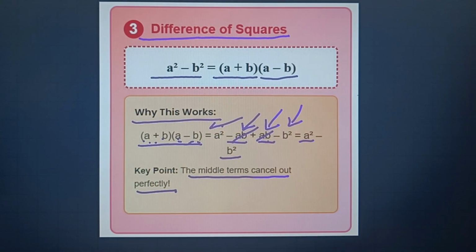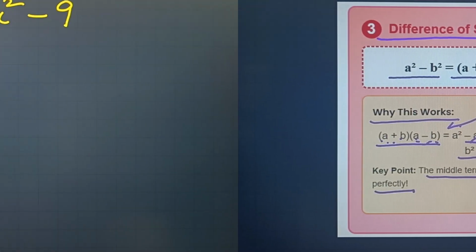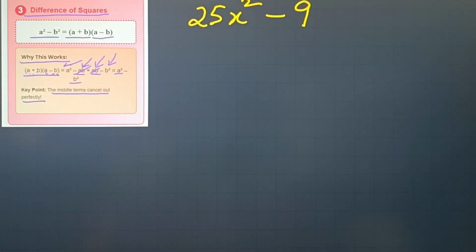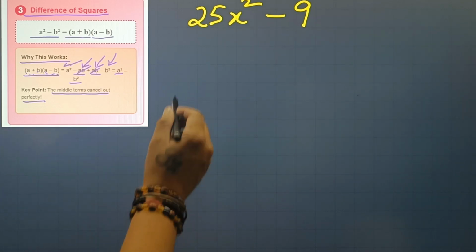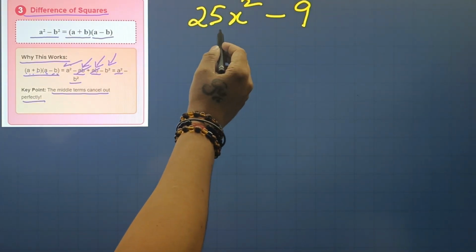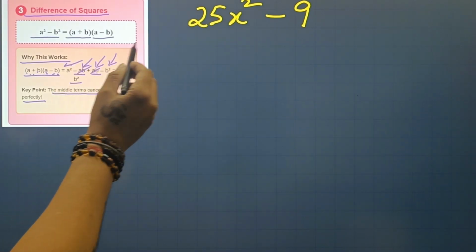Let's understand with some example. So students, here we have our example of how we are going to use this identity.